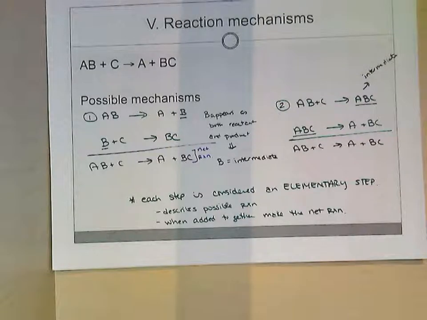So elementary steps by themselves are not the whole reaction. It's the parts you need to add together to get back to the net reaction that you want. So in order to figure out which one of these two is more likely, we need to start talking about what makes a reaction likely or not likely.